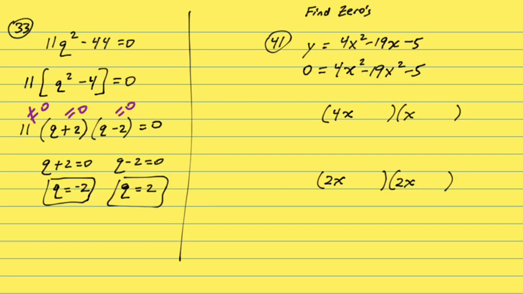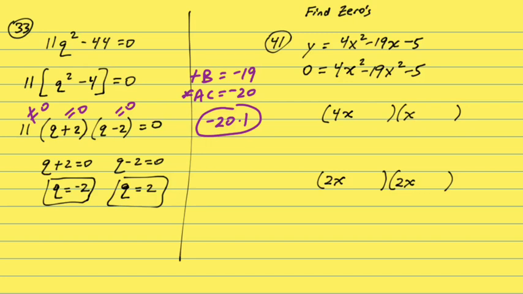Either way, I'd have 4x squared, right? Now, what's a times c on this one? 4 times negative 5, negative 20. And what's b? Negative 19. So that tells me I'd use these because they multiply to negative 20 and add to negative 19.